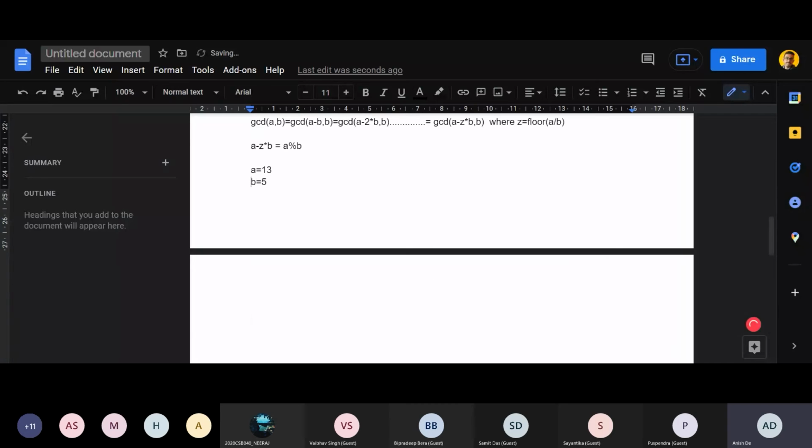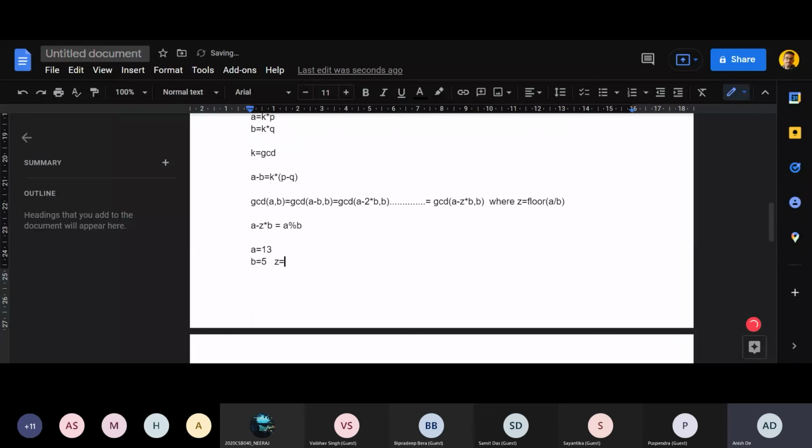What will be Z? Z will be 2, that is 13 by 5, if we take the floor value. So A minus Z into B will be 3, which is also equal to 13 mod 5. So it's equal to A mod B, right? Is this clear? If anyone has any problem, they can tell.